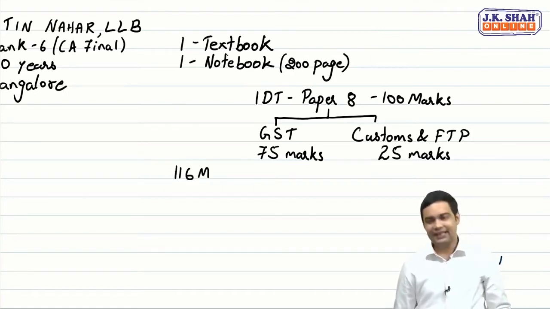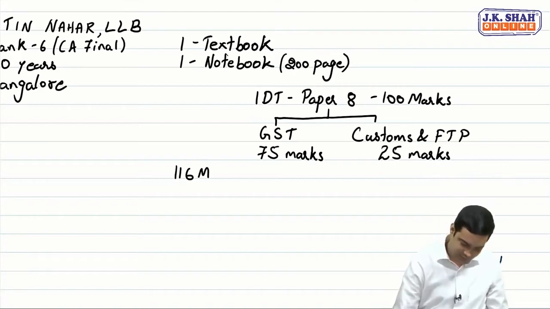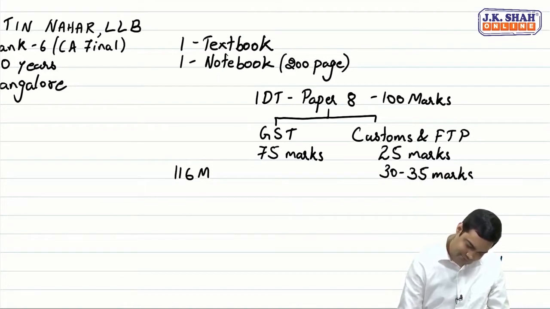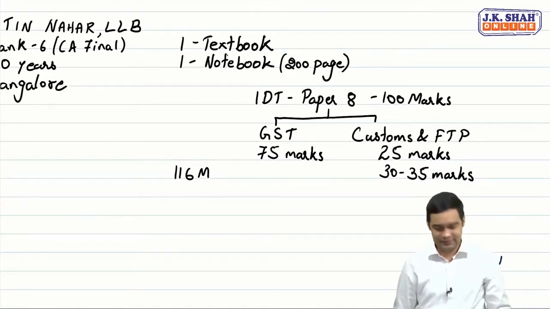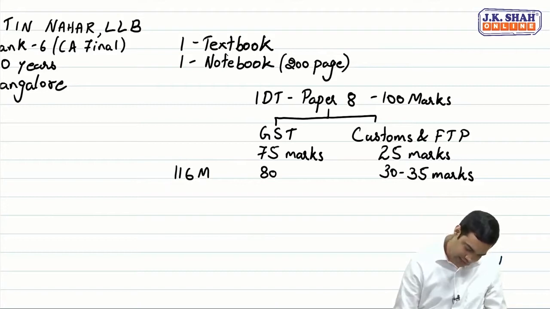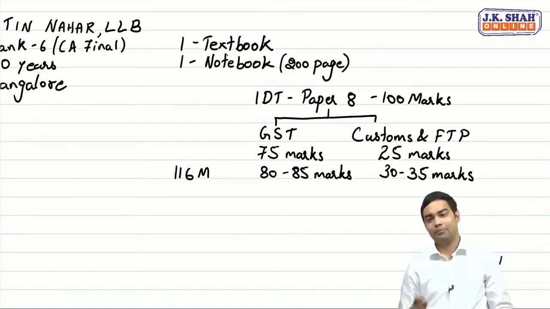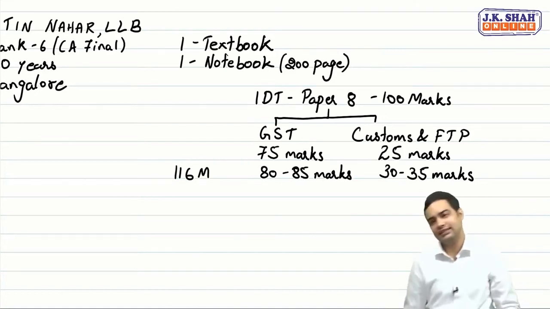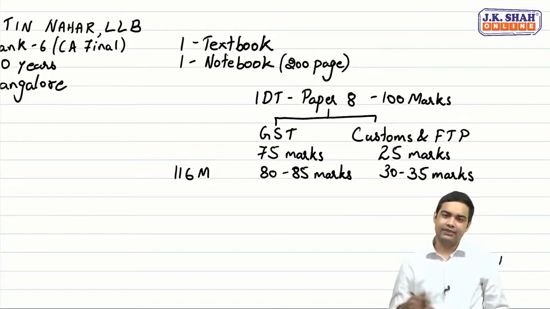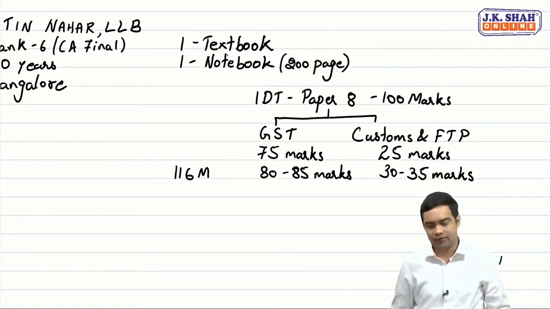Now normally this 116 marks is about 30 to 35 marks here, and the balance which is about 80 to 85 marks is under GST, because your paper would contain an additional question and hence the weightage of both GST and customs is much higher compared to 75 and 25.